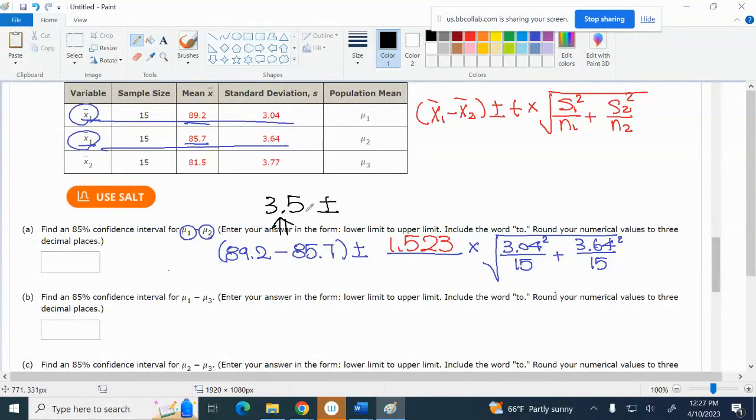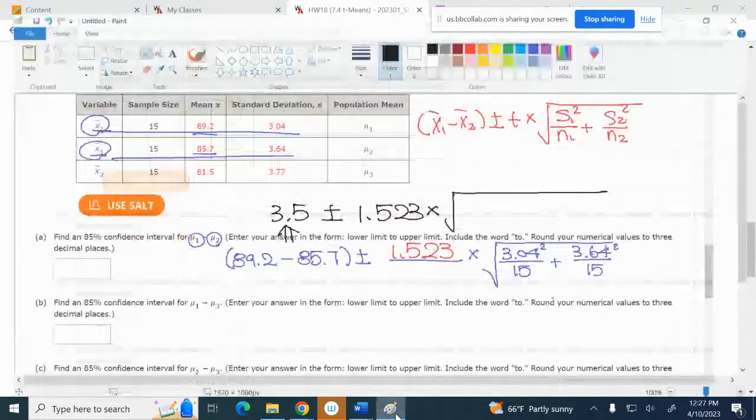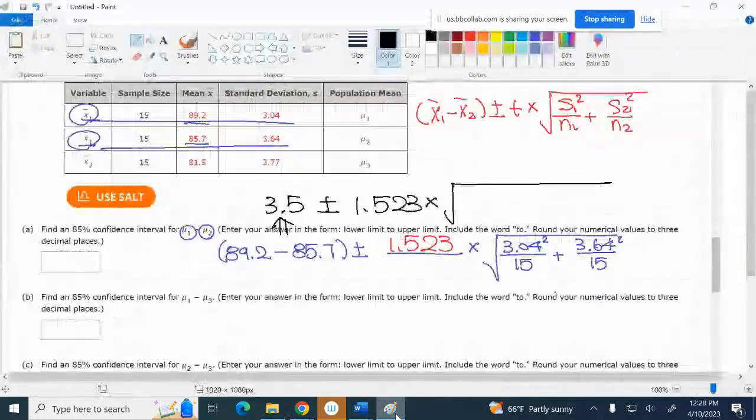Let me take the multiplication with the critical value later. Let me take the inside of the square root, 3.04 squared over 15 and 3.64 squared over 15.